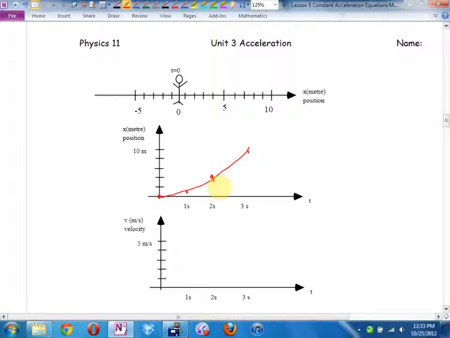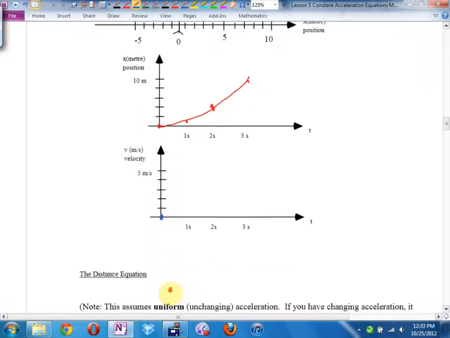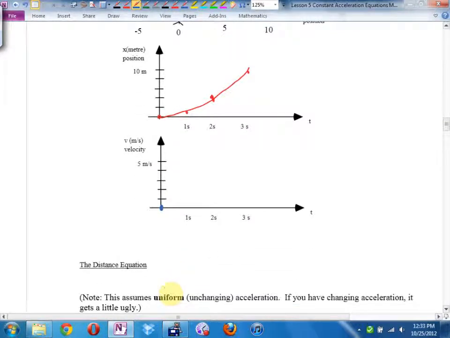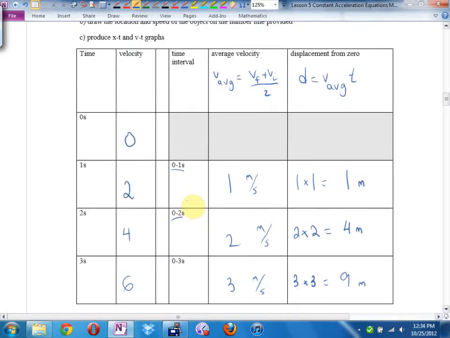Let's graph velocity versus time. We started out at 0, 0. After 1 second, how fast were we traveling? We're going up by ones on the y-axis on this graph. I didn't say graph average velocity.